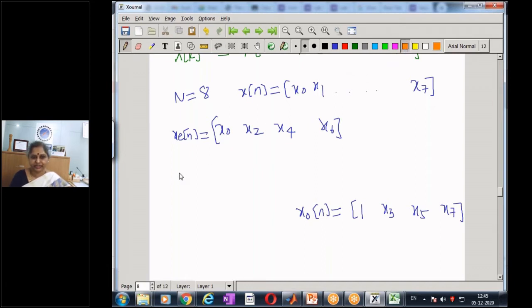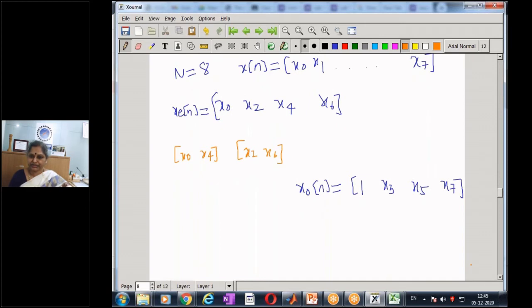What I do is this even again I split it into further smaller sequences. So this is going to be x0, x4, and the other is going to be x2 and x6. So instead of computing the 4-point DFT of the even terms, I'm going to compute a suitable 2-point DFT. Again, I need to take the even and odd terms of that small sequence.